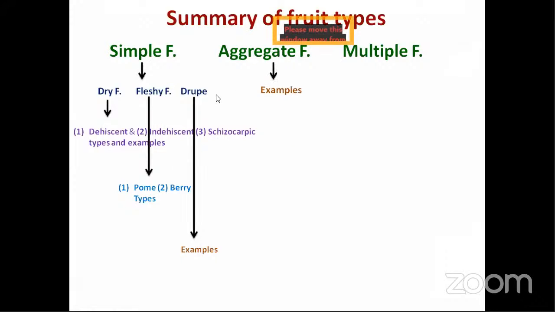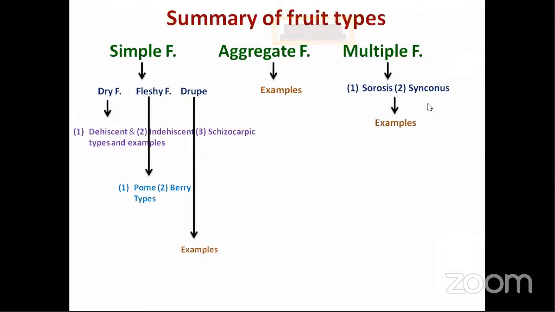And also aggregate fruit, we saw that it is developed from an aggregation of pistils from a single flower. So for both the simple fruit and also aggregate fruit, the fruit will be developed from a single flower only, and only for multiple fruit, the fruit is developed from multiple flowers of one inflorescence. In the multiple fruit, we saw sorosis and also syconus.